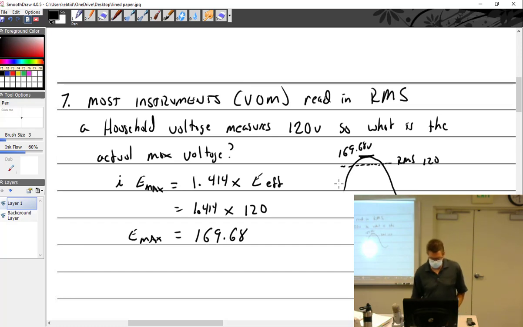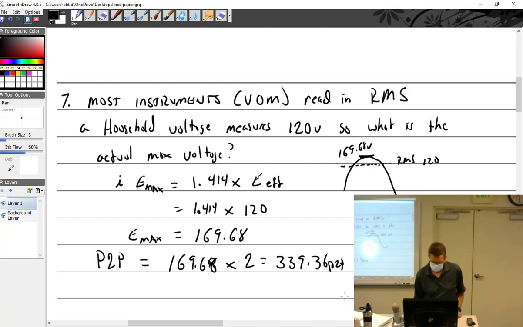So actual peak voltage would be 169.68. What is the peak to peak on that then? 169.68 times 2 is 339.36 peak to peak.